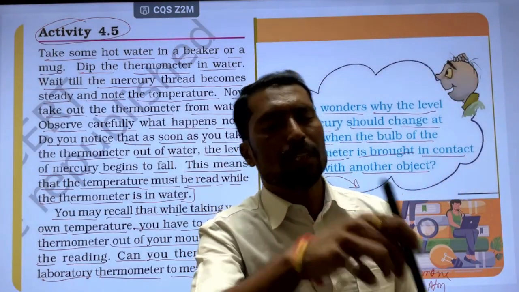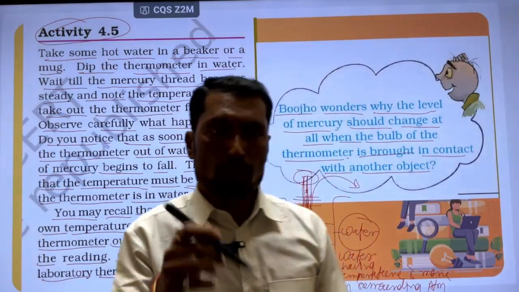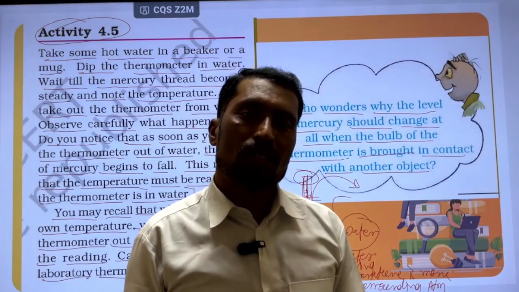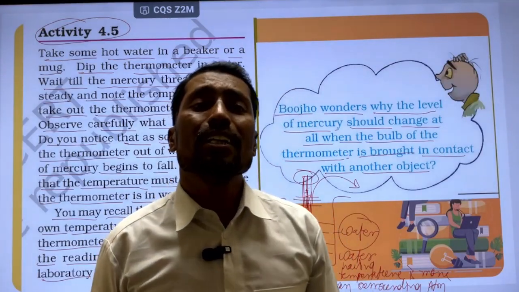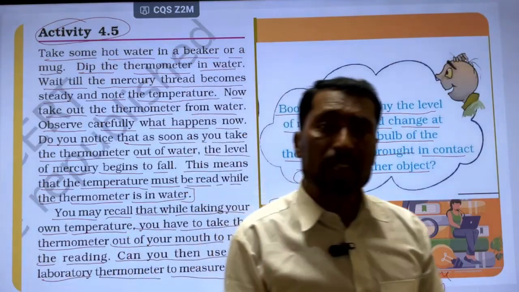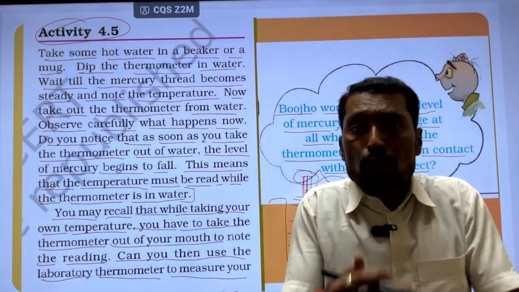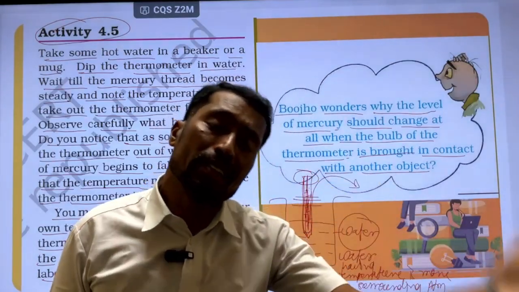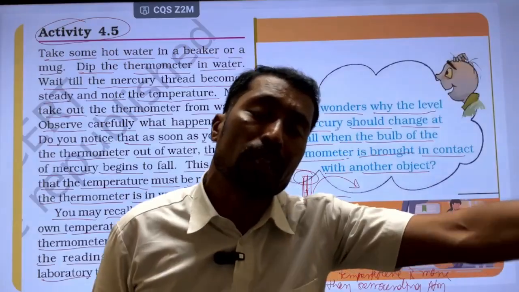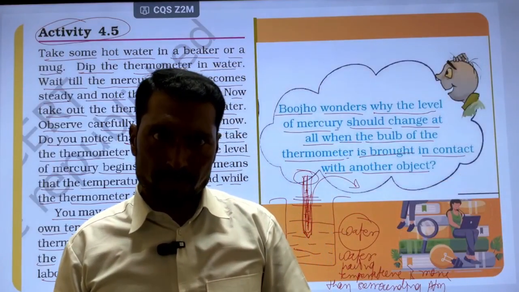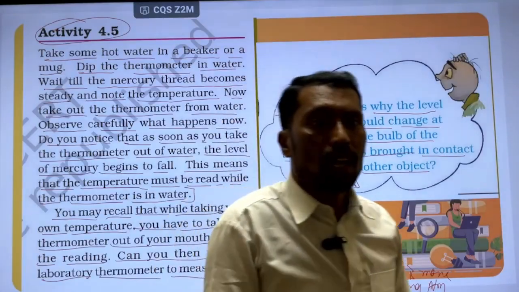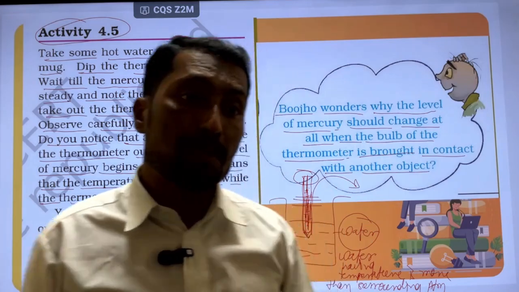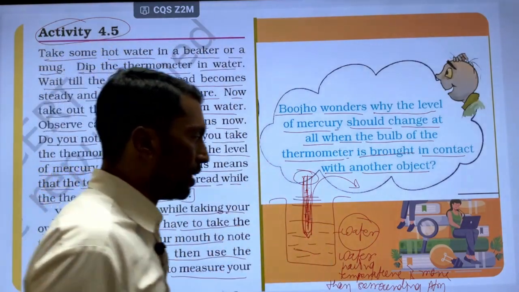After that we remove the thermometer from this object and take another object, and again the temperature reading shows another reading, 30 degrees Celsius, 40 degrees Celsius. It depends on how cold or hot the object is. If an object is hot, say 20 degrees Celsius, and the other object is hotter, we get another reading. If we change the object, then we can get different readings using a laboratory thermometer.